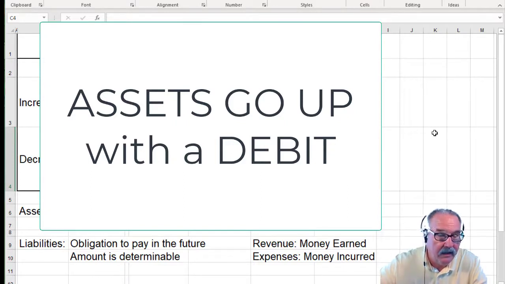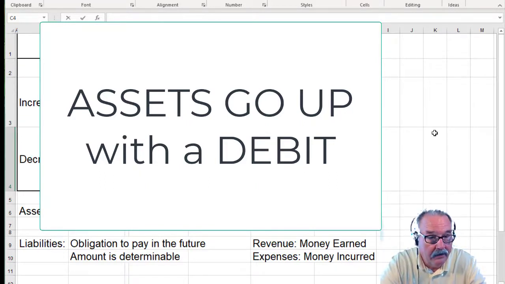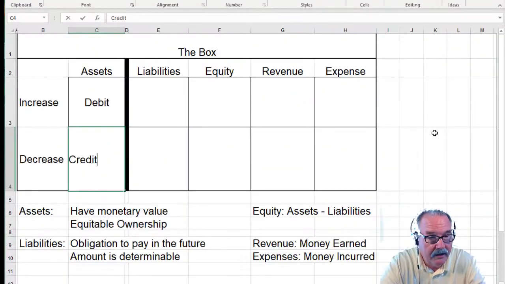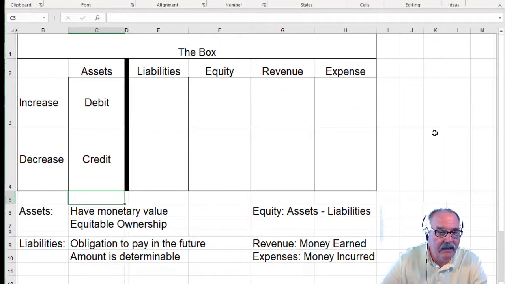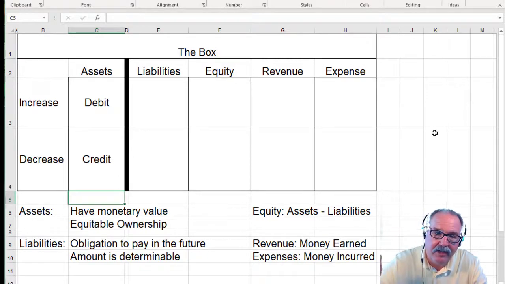Anyway, the point is, assets go up with a debit. Assets go up with a debit. If you say that to yourself 100 times today, you'll never forget it. And therefore, if they go up with a debit, they go down with a credit. Now, what are assets? These are things that have value that we own.